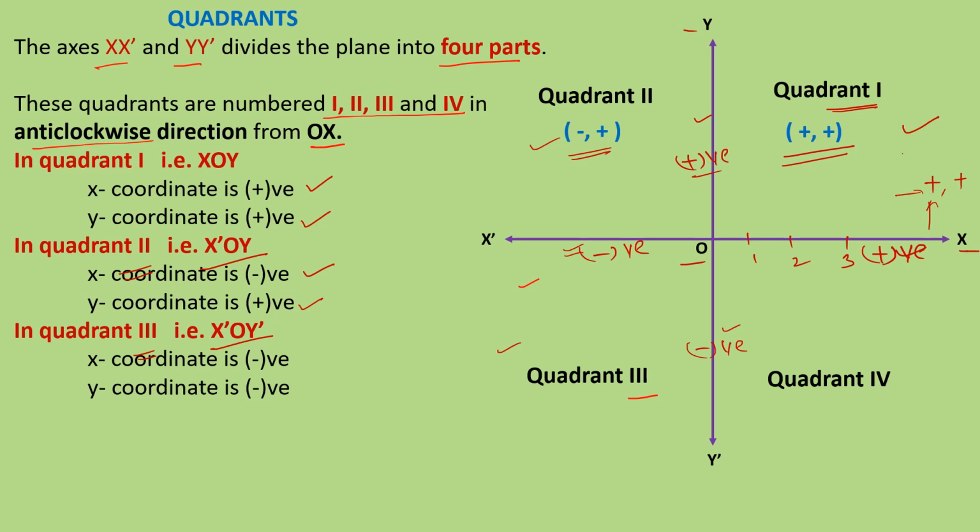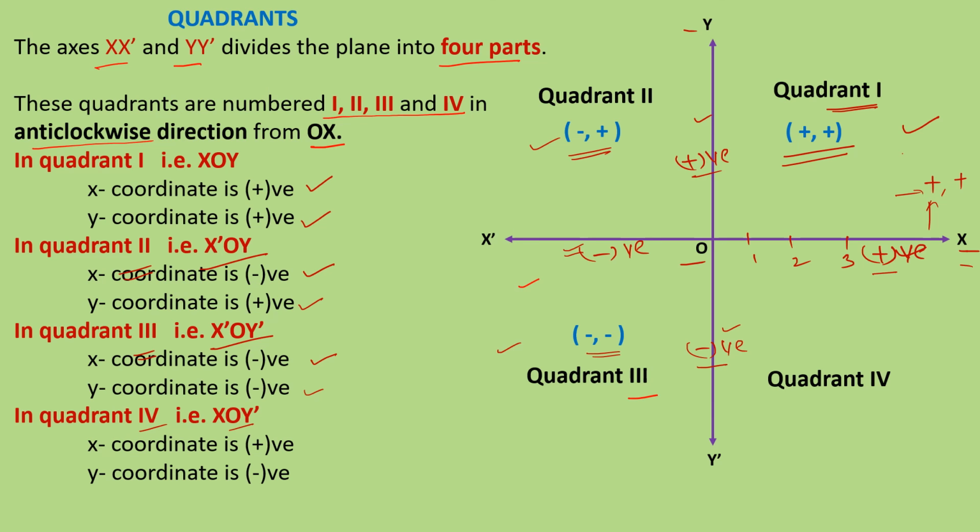So the coordinates will be x-coordinate negative, y-coordinate also negative, so (−, −). And in the last quadrant, quadrant number 4, XOY', all the x-coordinates are positive and all the y-coordinates are negative. So we are getting (+, −): first one is positive, second one is negative. Like this, we can write the points in any quadrant with the correct signs.